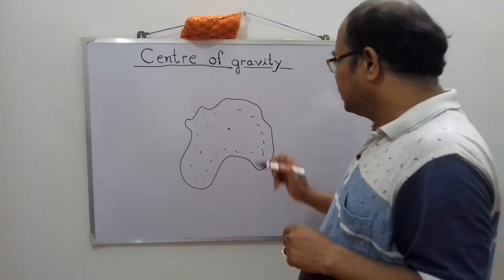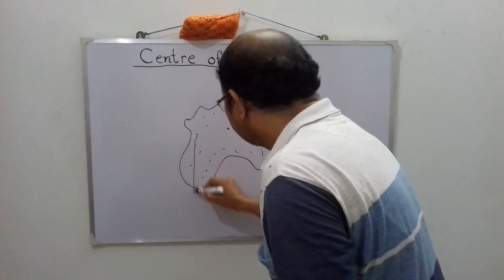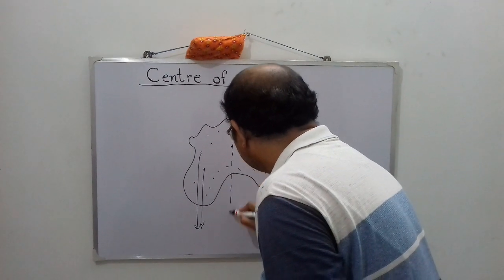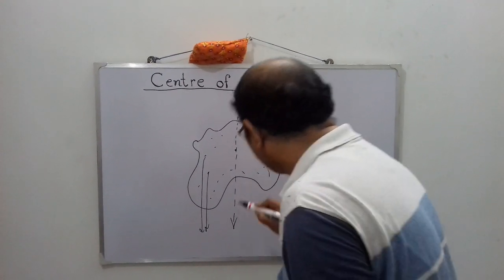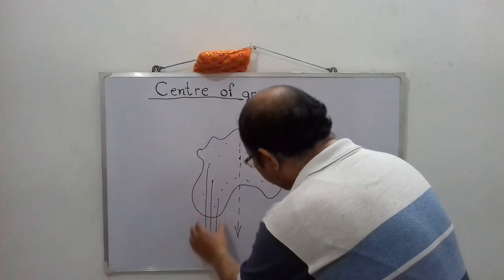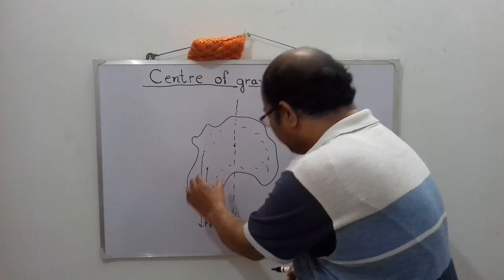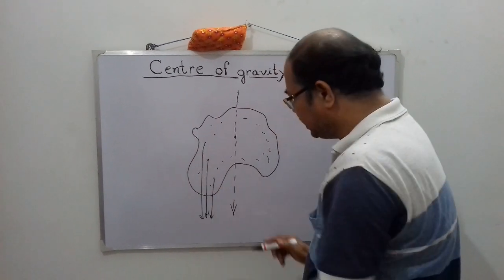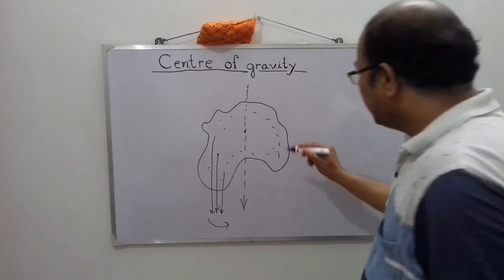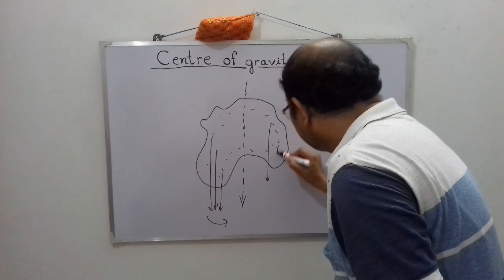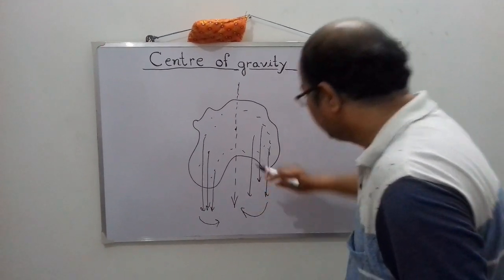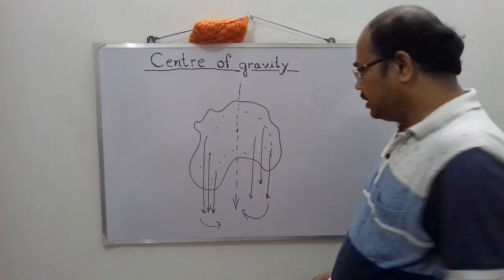That means the moment of all those forces, suppose this is a vertical line, towards the center of gravity. So the moments of the vertical weights of these point particles try to rotate the object in this direction, but the moments of the weights of other point particles try to rotate the object in the other direction.